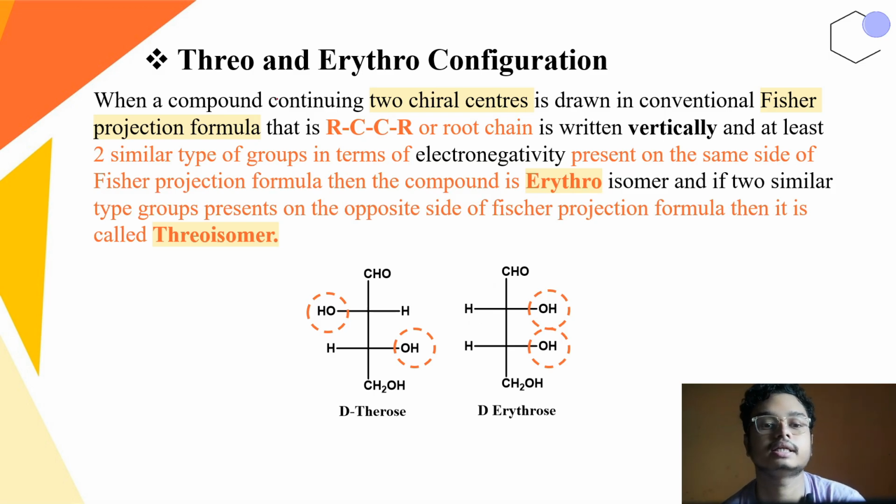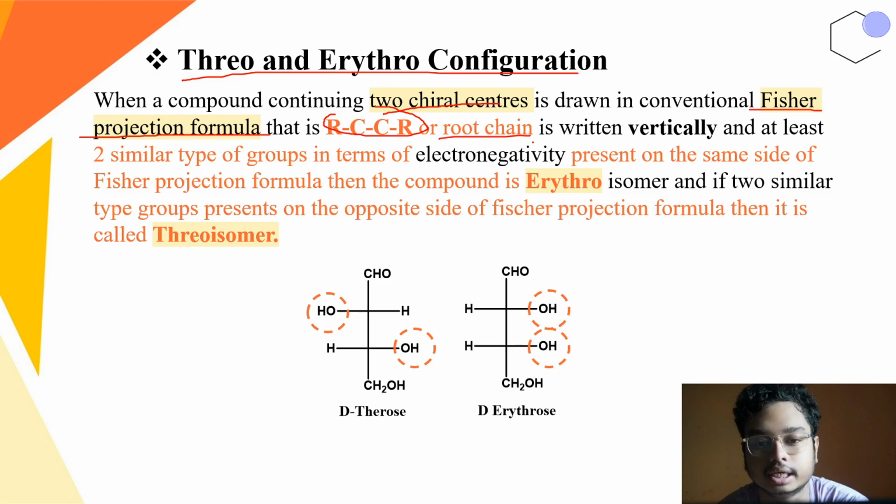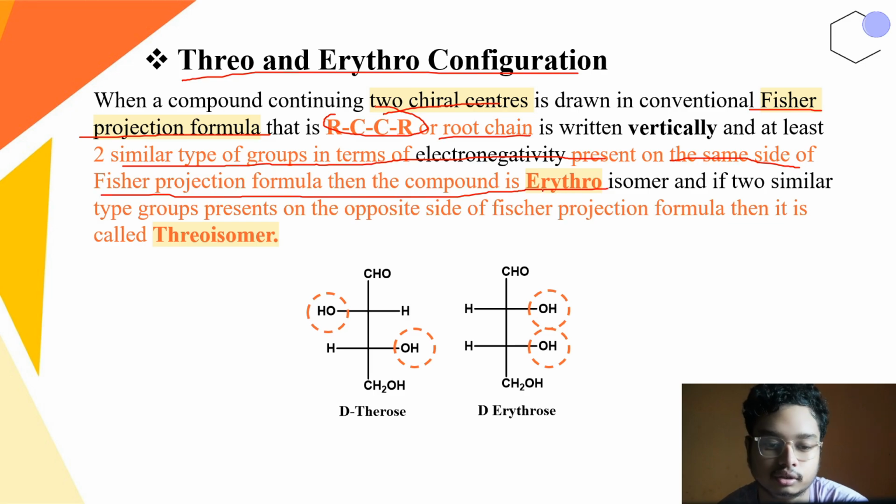Now we are talking about the Threo and Erythro configuration. The Threo and Erythro configuration suggests that when a compound that contains two chiral centers is drawn in a conventional Fischer projection formula, that is, the root chain is written vertically, and at least two similar types of groups in terms of electronegativity are present on the same side of the Fischer projection formula, then the compound is called erythro.